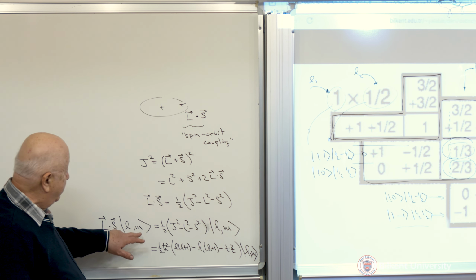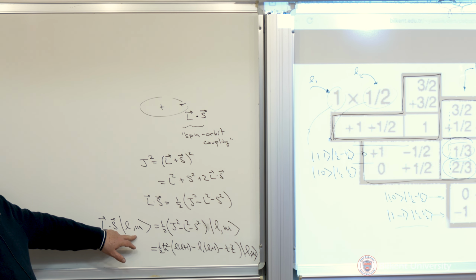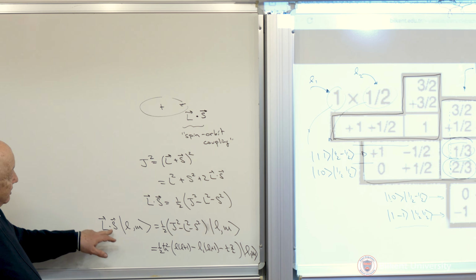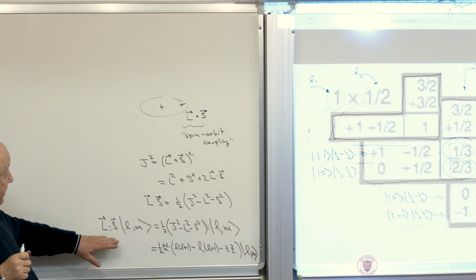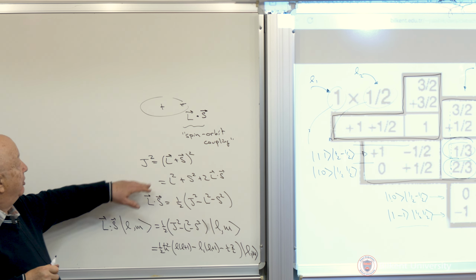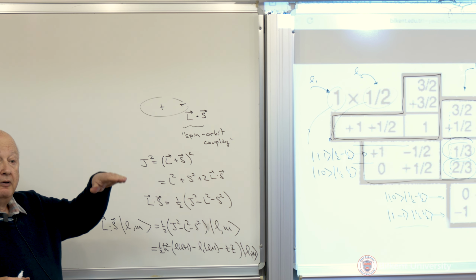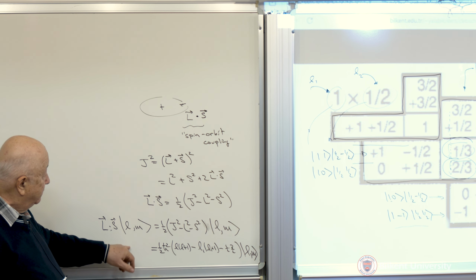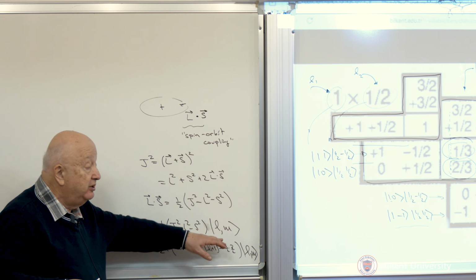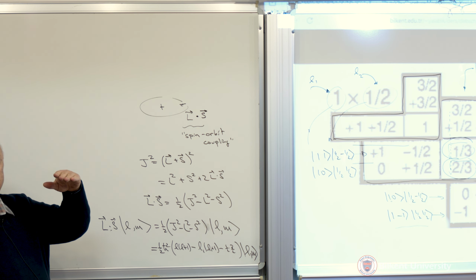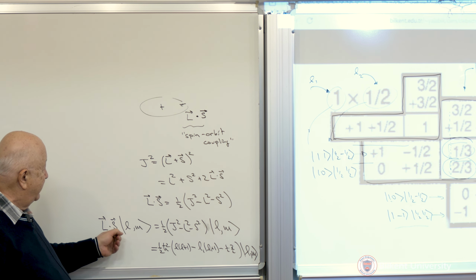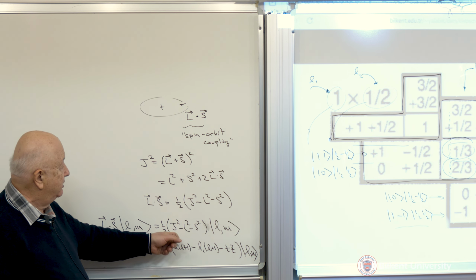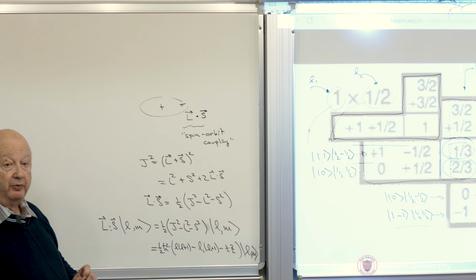So total angular momentum states are eigenfunctions of terms like L dot S. So the energy levels corresponding to spin-orbit coupling will correspond to different total angular momenta. So it is a measure of this L dot S, which in fact is a measure of the total angular momentum.